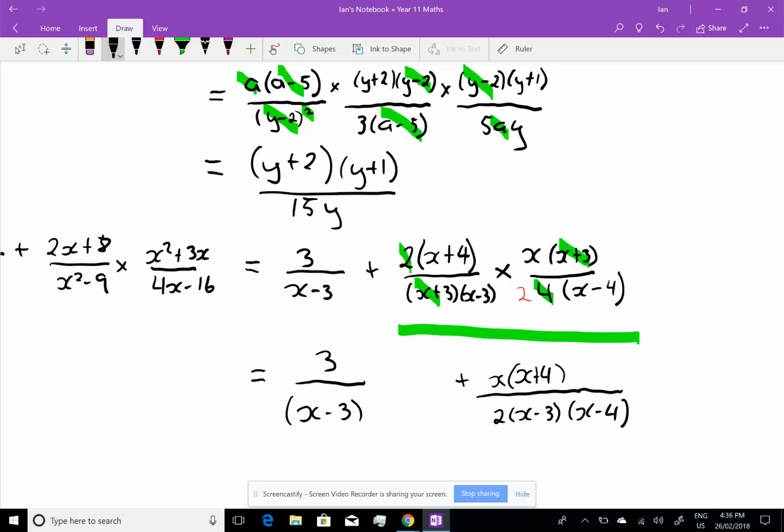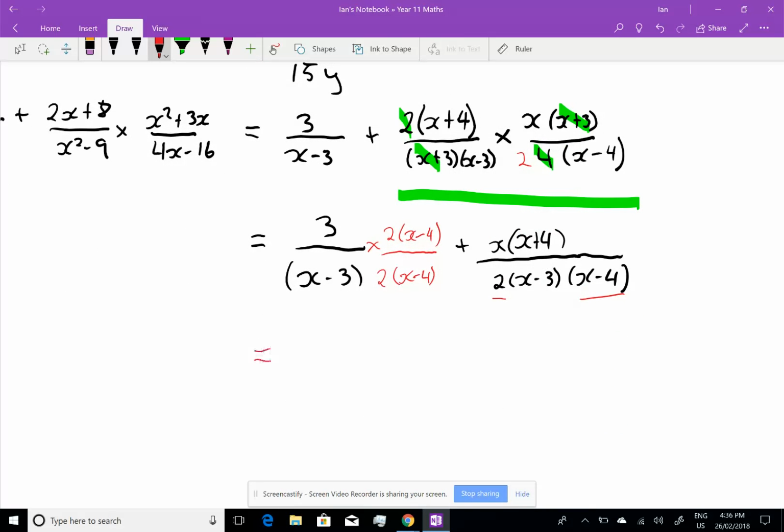So to get a common denominator on this side before I can add them, I'm going to have to get the same denominator. Well, what do I need to multiply? I need to multiply by a 2 and an x minus 4. So 2x minus 4 there.